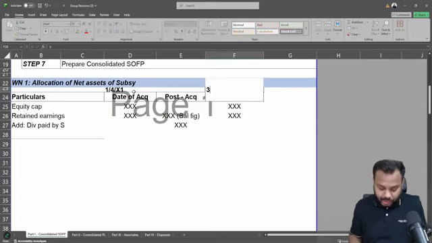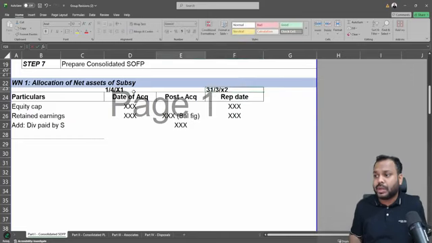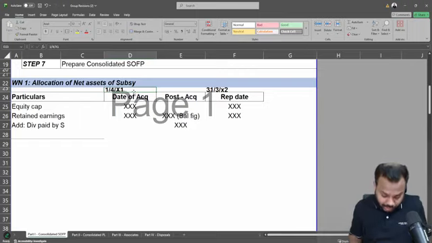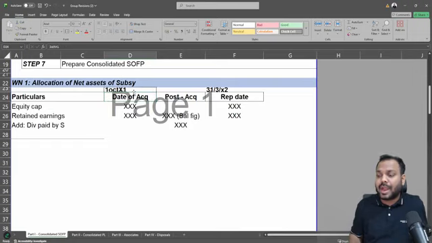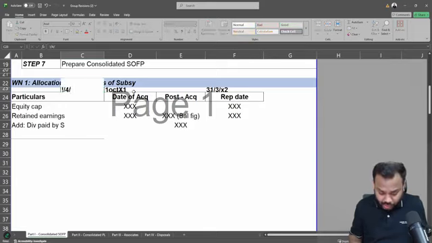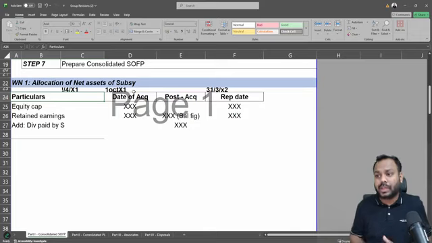Let's suppose the subsidiary was acquired on 1st October 20x1, and the start date of the year is 1st April 20x1.